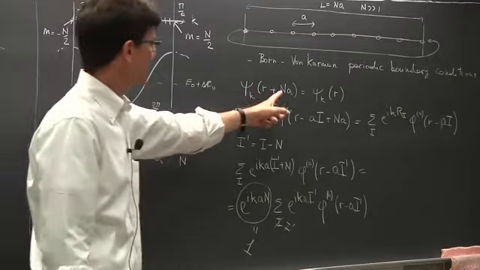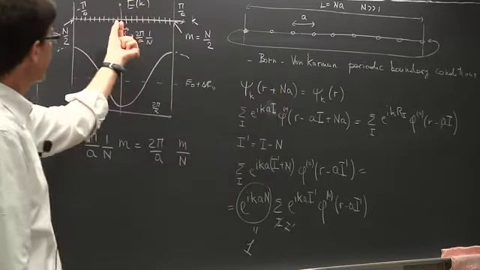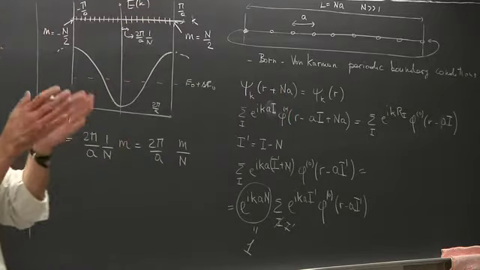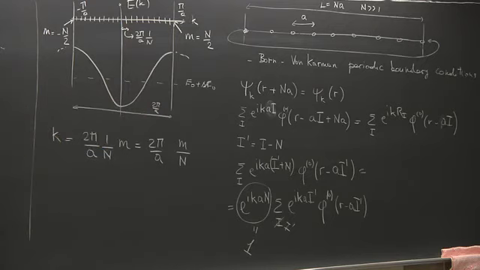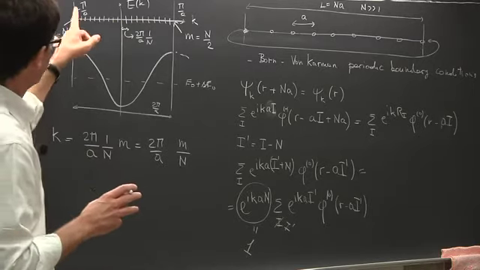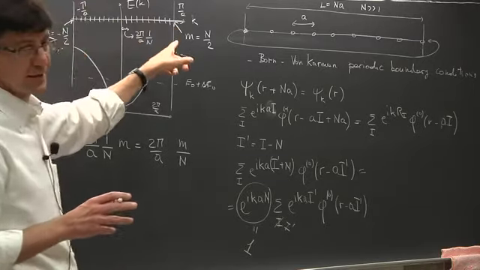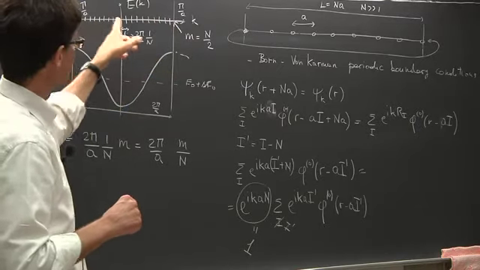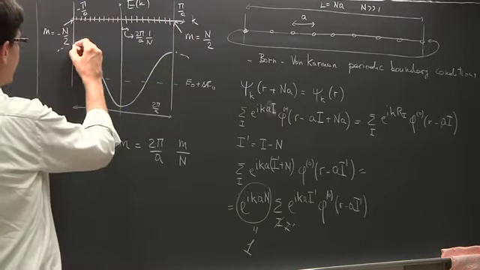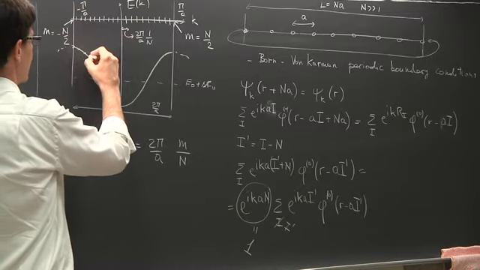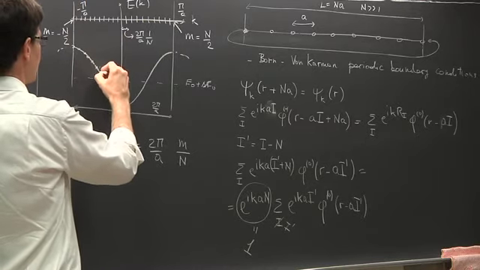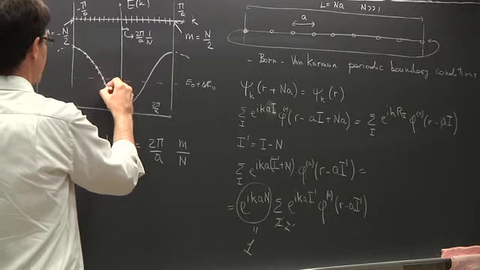And if I make N large enough, this grid is going to become finer and finer, essentially it becomes a continuum. But now I can count the states, because I have only a finite number of states to handle, because only these values of k are allowed, which means only selected values of the energies will be allowed, the ones that correspond to those particular values of k.